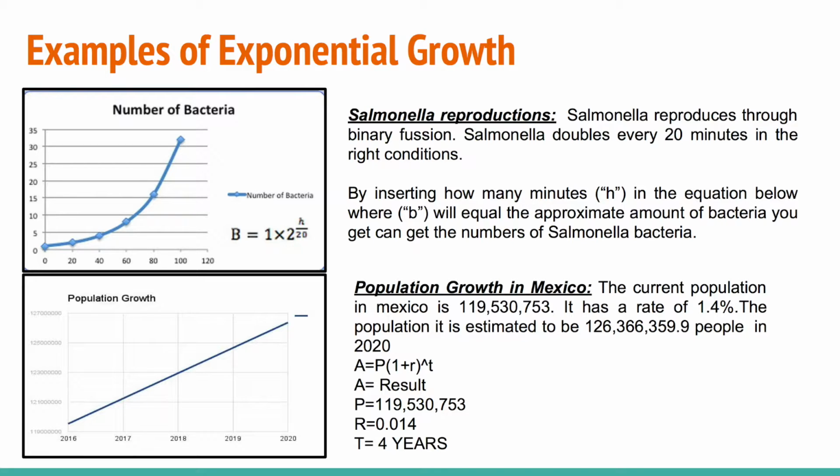To get the population in 2020, we need to apply the population growth formula, which is: the estimated population equals the current population times 1 plus the rate, to the t power. And once we apply the values in the formula, we get that the estimated population in 2020 is 126,366,359.9.